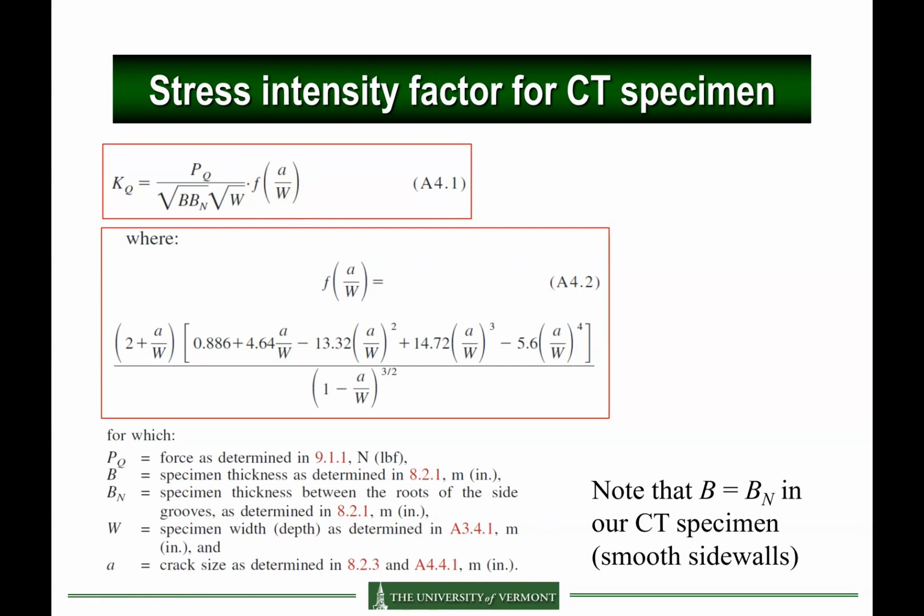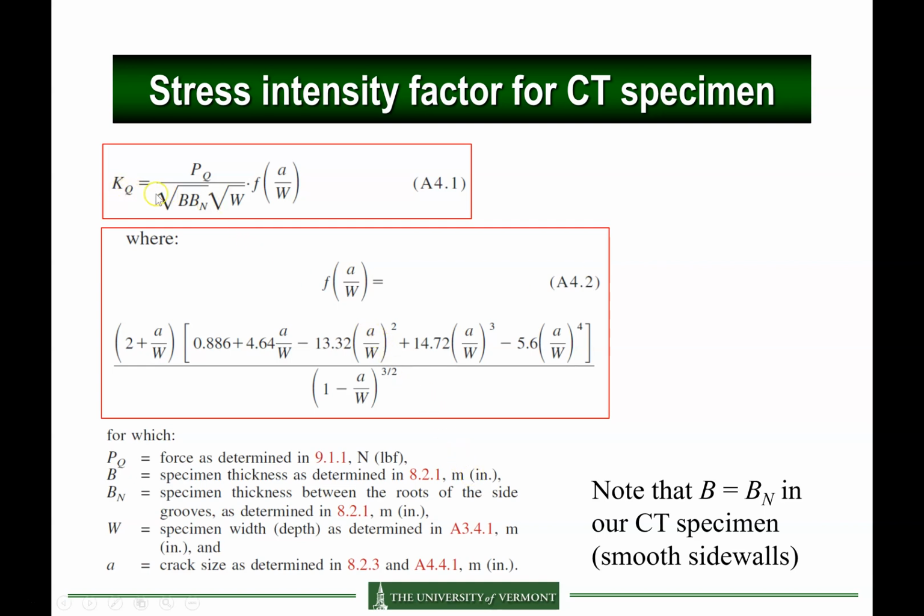And so for the compact tension specimen, the recommended value is given here. Notice it's a function of A over W, adimensional. It's a polynomial function. Now there are different formulas you can find in the literature for the compact tension specimen, but this one is the recommended formula from the ASTM standard E399. Okay.